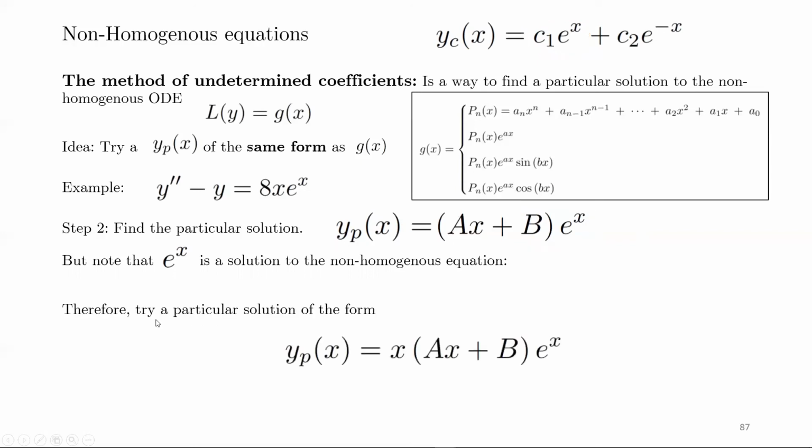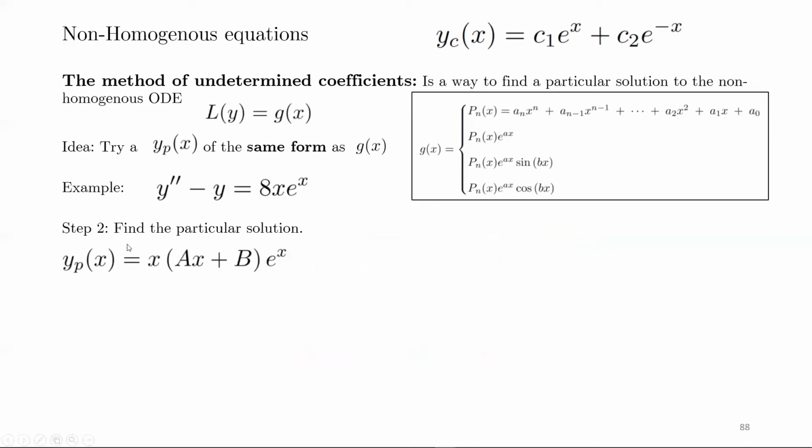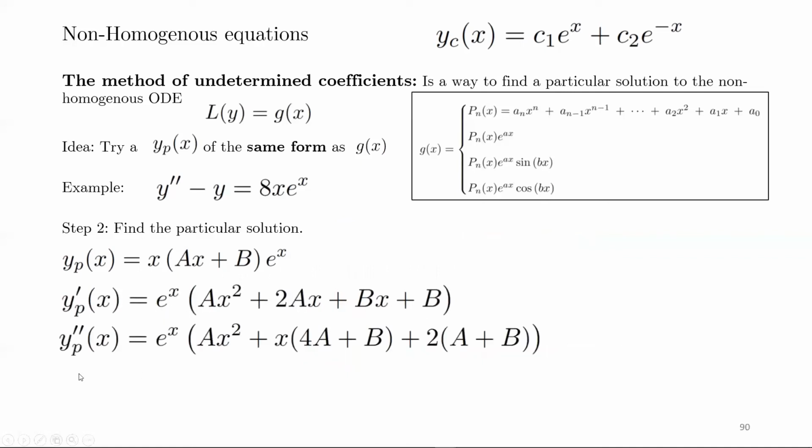Okay, so therefore we're going to try a particular solution of the form x times (a times x plus b) times the exponential of x. Okay, so now we have the test form of our particular solution. We can now take its first derivative and then its second derivative.